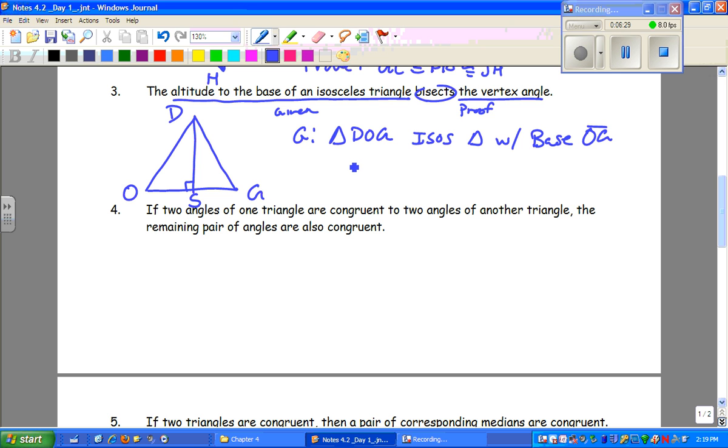The altitude DS is the altitude. And we are trying to prove that DS bisects angle PMN.